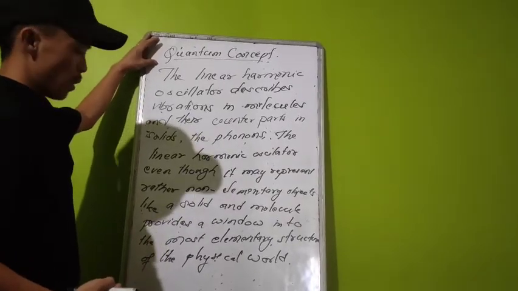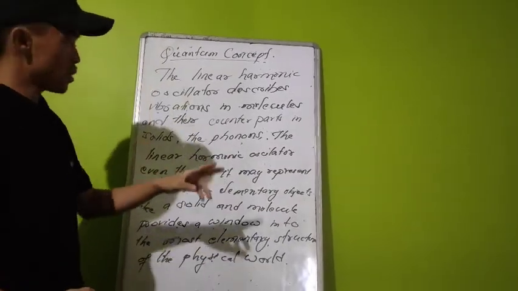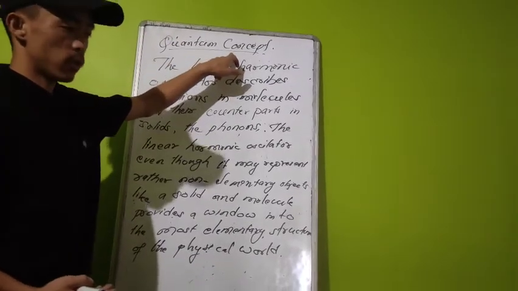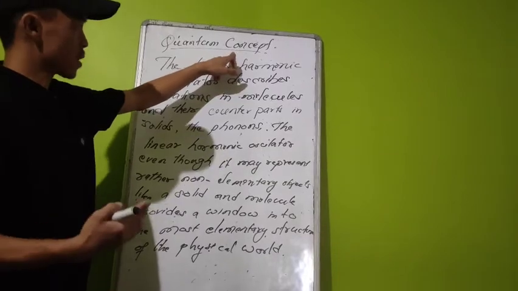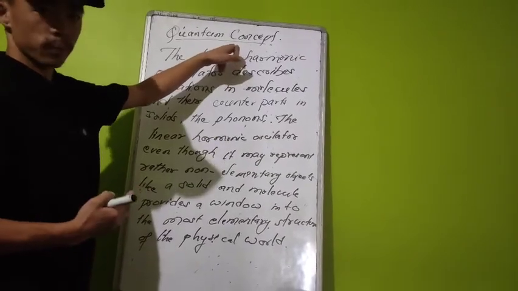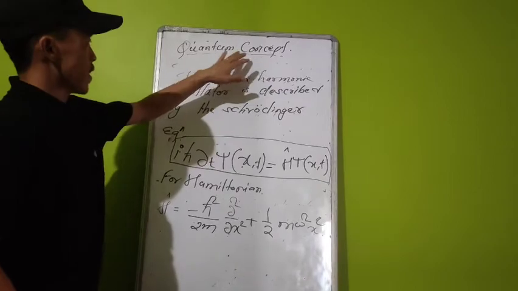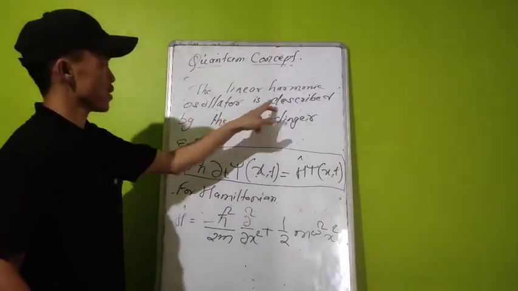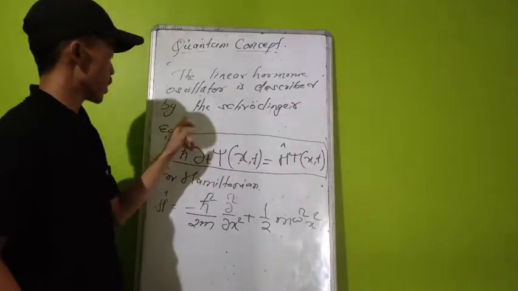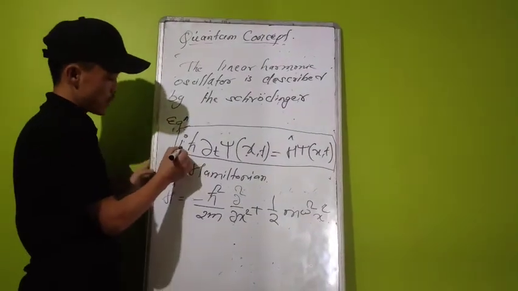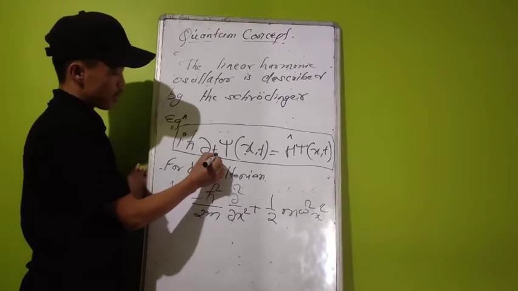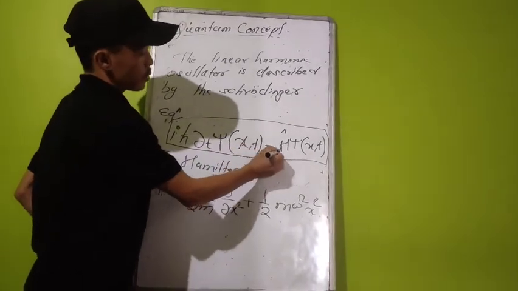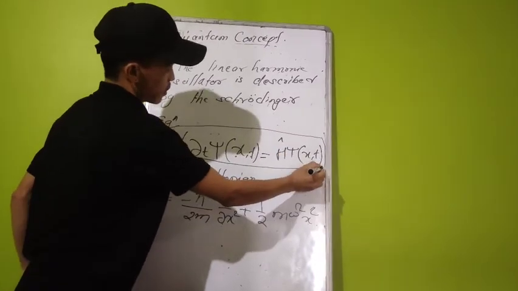Now I'll explain the main two equations that describe the quantum concept of the linear harmonic oscillator. In the quantum concept, the linear harmonic oscillator is described by the Schrodinger equation. The Schrodinger equation gives i h-bar del by del t of psi(x,t) equals H-hat of psi(x,t).